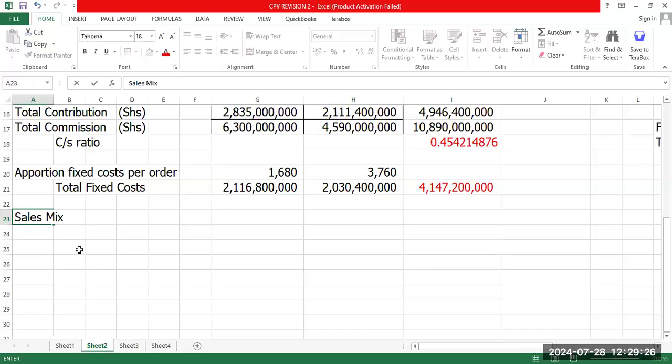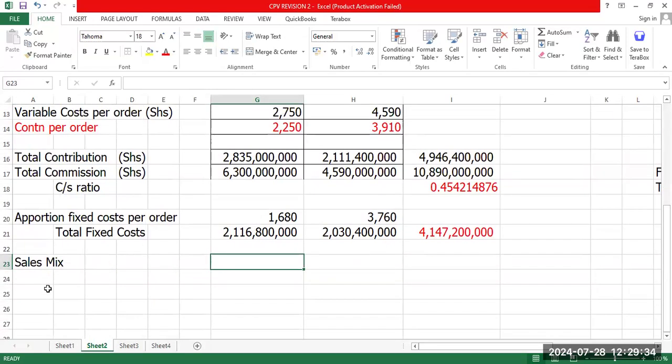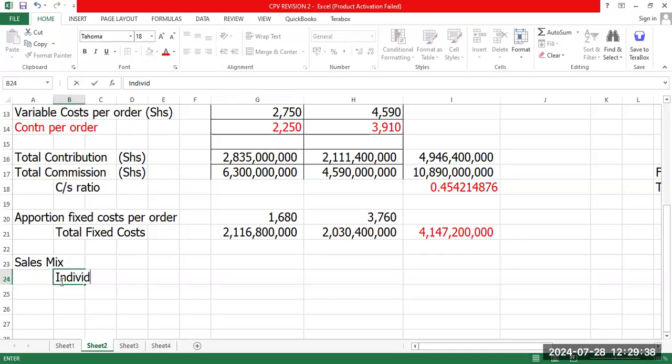And how do you get sales mix? The formula is individual commission, or individual sales, divided by total sales. That is the formula.